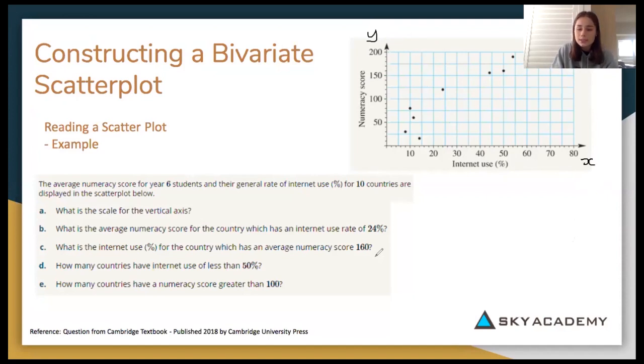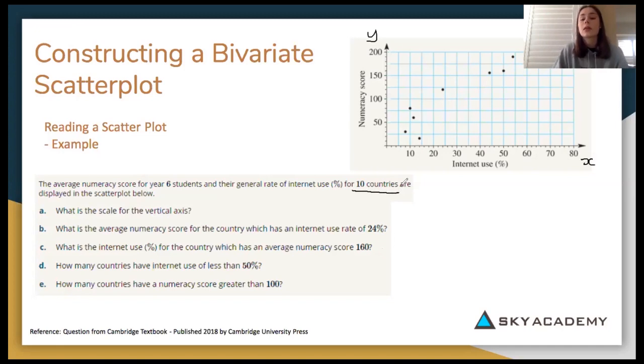Just a bit of context into this scatter plot here. We could think about whether there's a relationship between the two before we even start answering any questions. So internet use and numeracy score. And if you read the question, which we haven't done yet, each dot is representing a country.